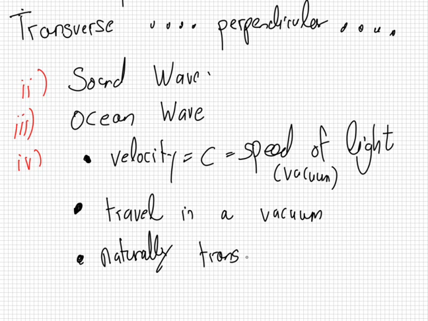No, it's not naturally transverse. You polarize them to make them transverse. They're naturally longitudinal. They're naturally going out like this. We polarize them to make them transverse. So naturally longitudinal.